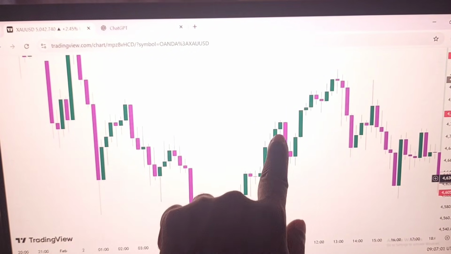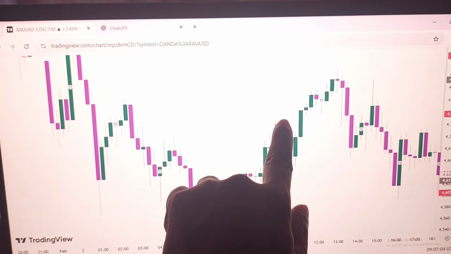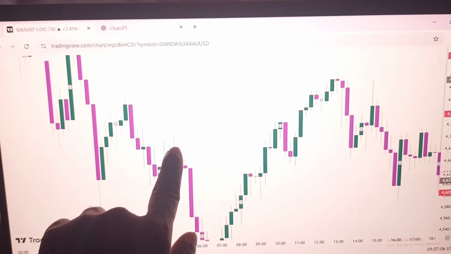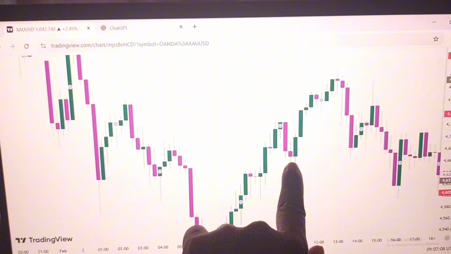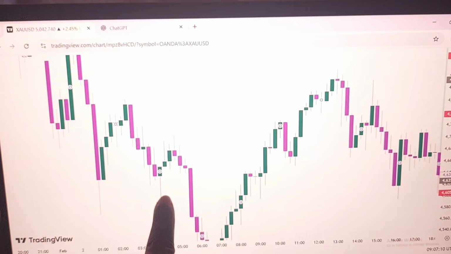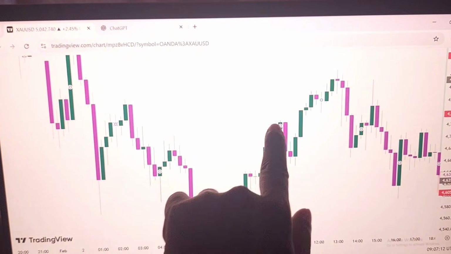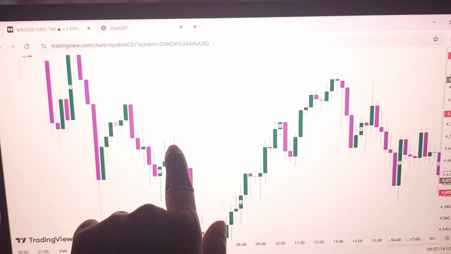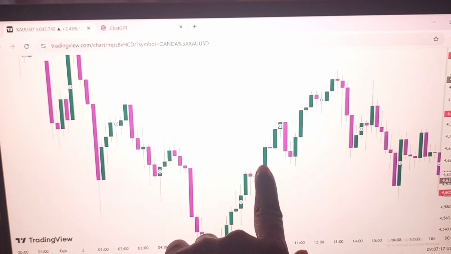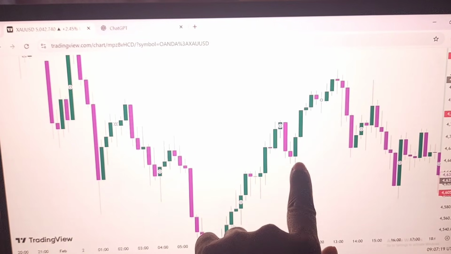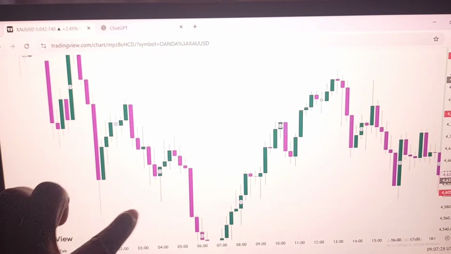So the moment it made a higher high, it formed a structure above the previous structure. And then it also formed a higher low above the previous structure. So this is a higher high, and this is a higher low. This high is above the previous high.